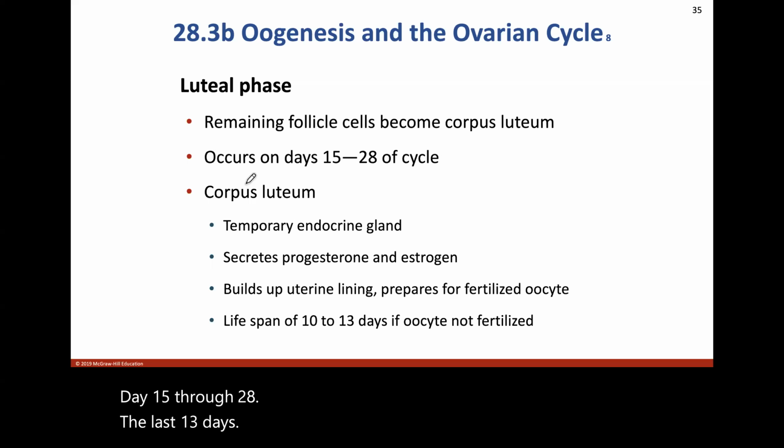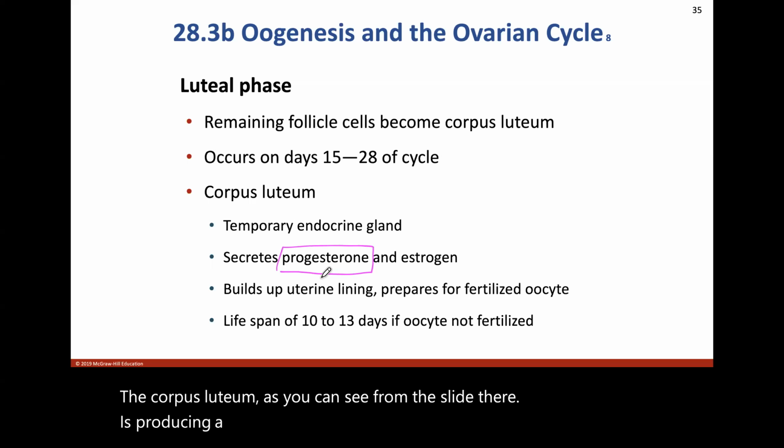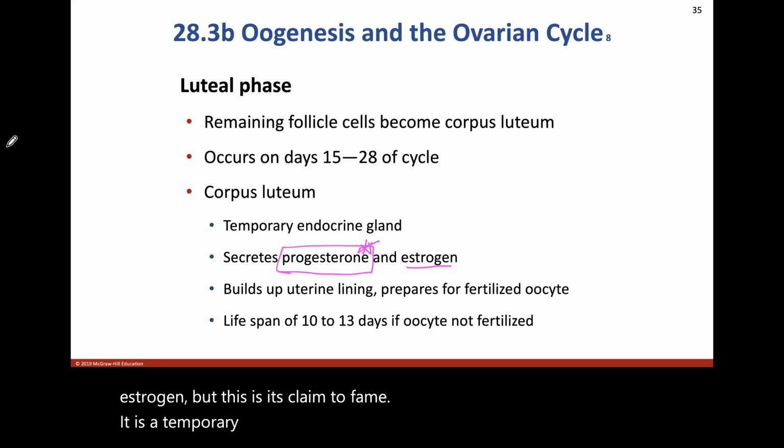The corpus luteum, as you can see from the slide there, is producing a copious amount of progesterone. It also does a little bit of estrogen, but this is its claim to fame. It is a temporary endocrine gland for all intents and purposes.